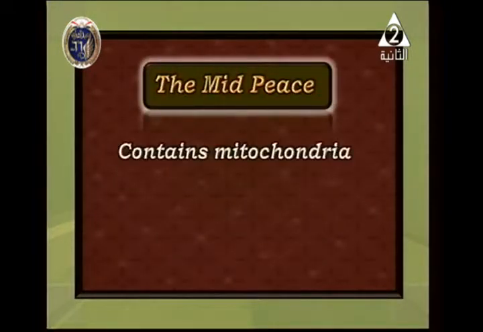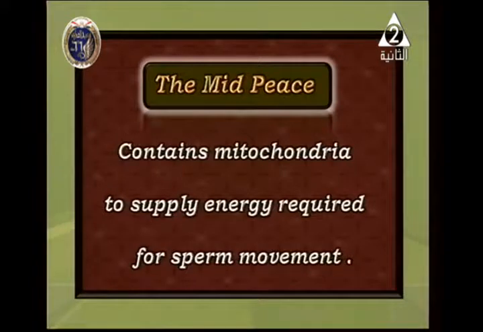And the midpiece contains mitochondria, and I need you to remember that mitochondria are related to the power, related to the energy. They are houses of storing energy. So when I talk about the mitochondria, what do they do? Yes, they supply the sperm with the energy required for its journey, for its movement.